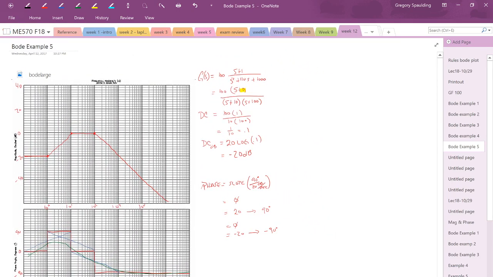And again, what I want to make sure you start thinking about is the idea of our gain being able to shift the plot up and down, and our zeros will move the plot up, and our poles move the plot down.